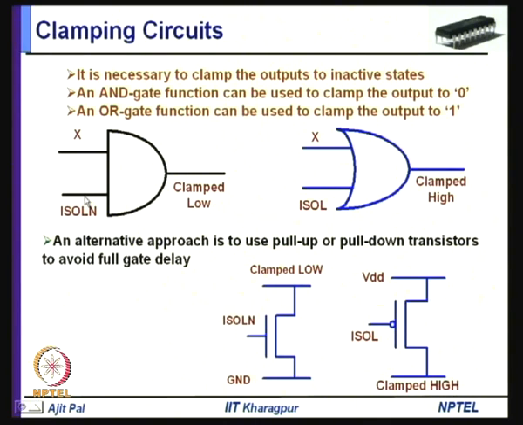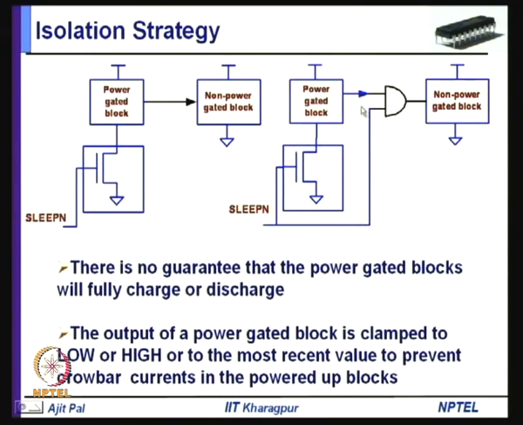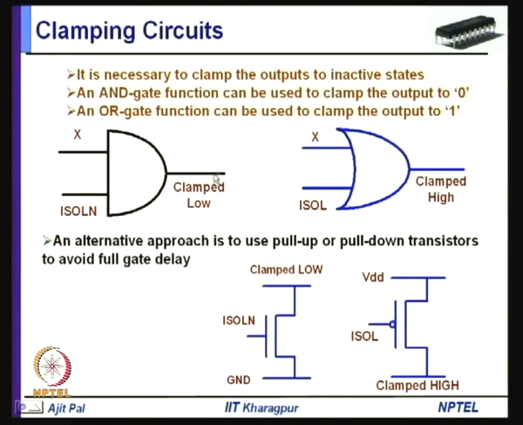If this input is 0, this output will be 0. That means, when this particular signal is low, that means you have done power gating, then this output will be clamped to low level.